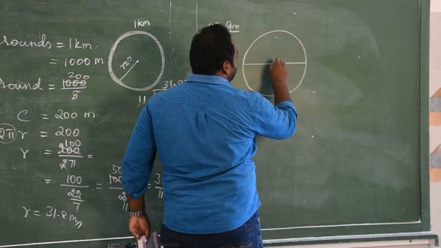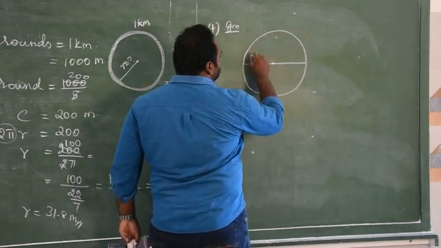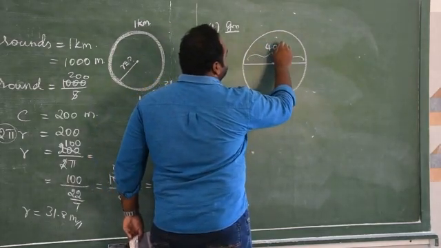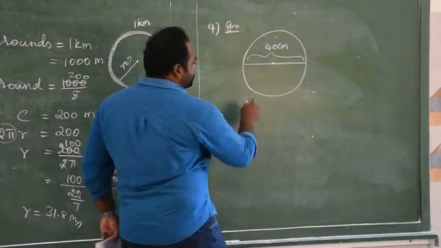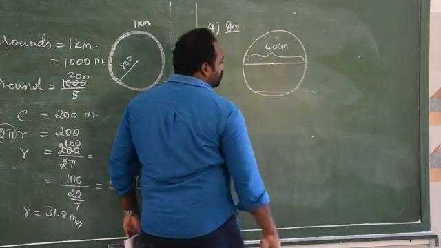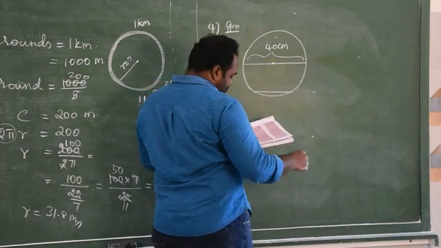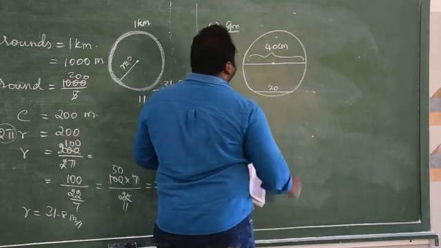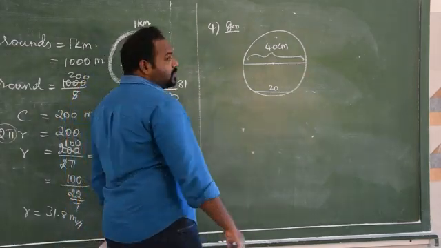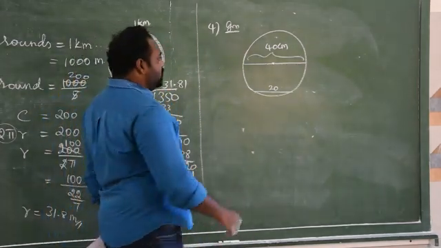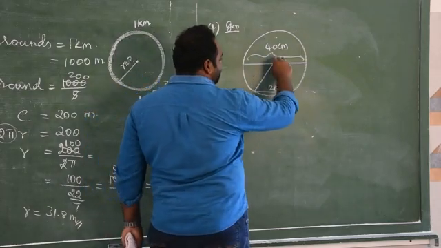So this is the center of the circle. 40 centimeter is the diameter. Here they gave a chord, you know how to draw the chord. So this is the chord, this is 20 centimeter, chord distance is 20 centimeter. So here I am going to draw the sector, we know how to draw the sector, this is also a radius, so complete this diagram.